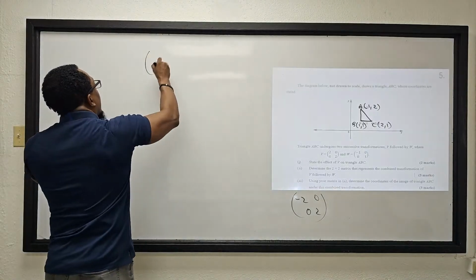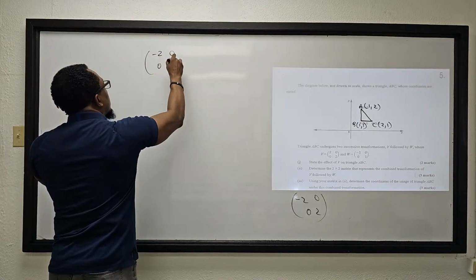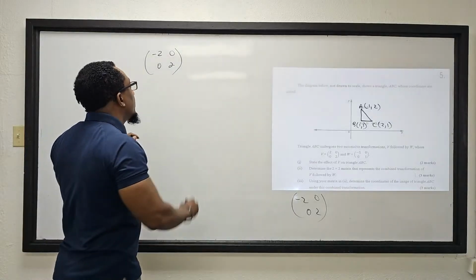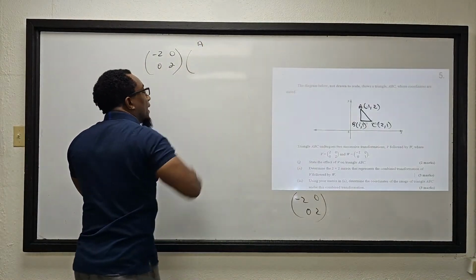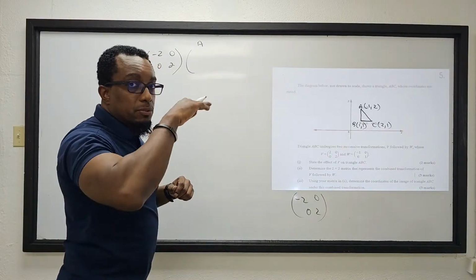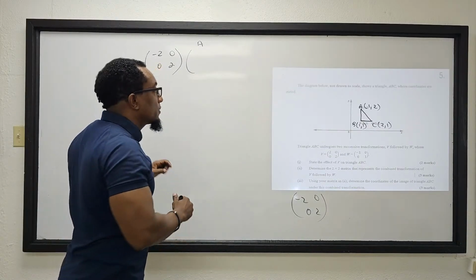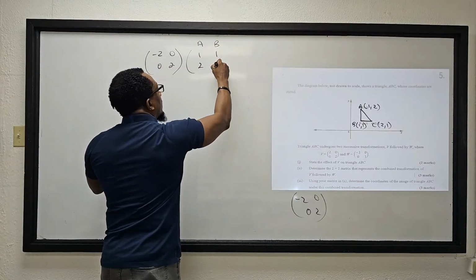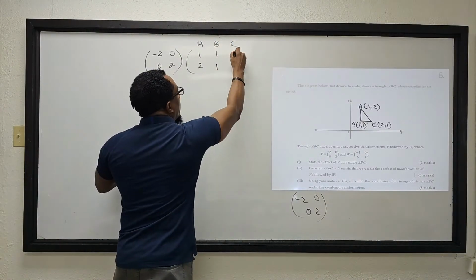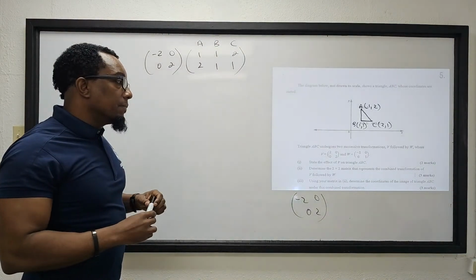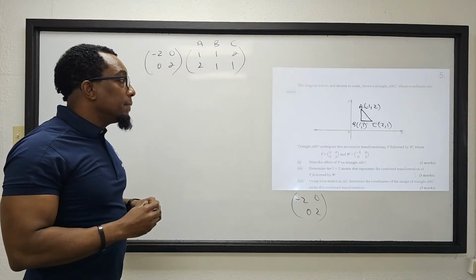So we take the combined transformation, we're going to multiply it by the object, which will be A, B, and C, and we can convert those coordinates from row form to column form. So this is A 1, 2, B 1, 1, C 2, 1. And let's multiply those two matrices to determine what will be A prime, B prime, C prime.